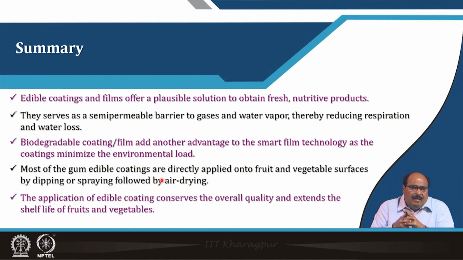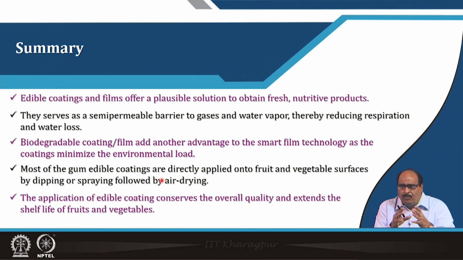So finally, I will summarize that edible coatings are a very important technology as far as shelf life extension of fruits and vegetables is concerned, and it is such a simple technology that it can be used even at a household or local level.